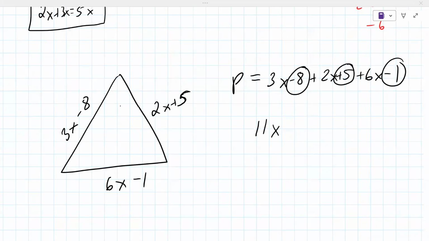It'd be -14. Oh, wait, actually. Would it be -4 actually?